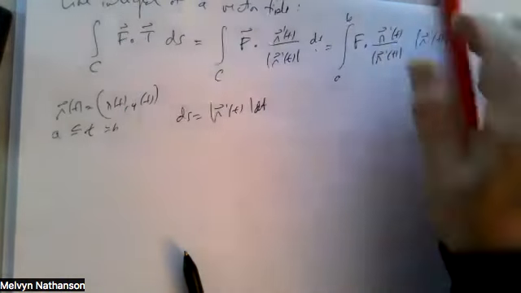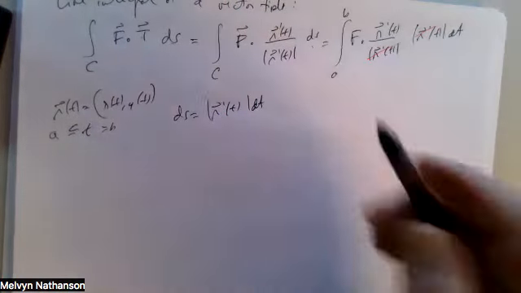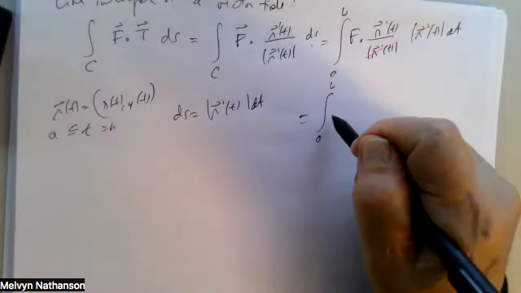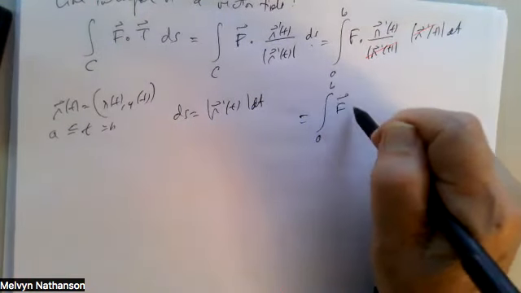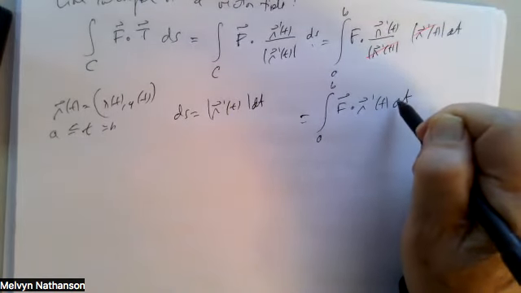And then these cancel. So we get a simple formula for the line integral of the vector field: the integral from a to b of F dot r prime of t dt.